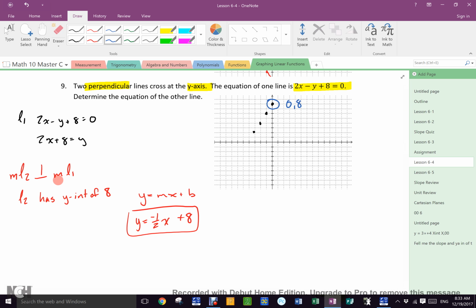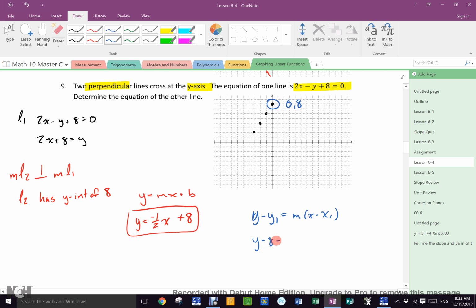And we know the slope of line 2 had to be negative 1 half, right? So if I take this and I put it into point slope form, y is 8, right?